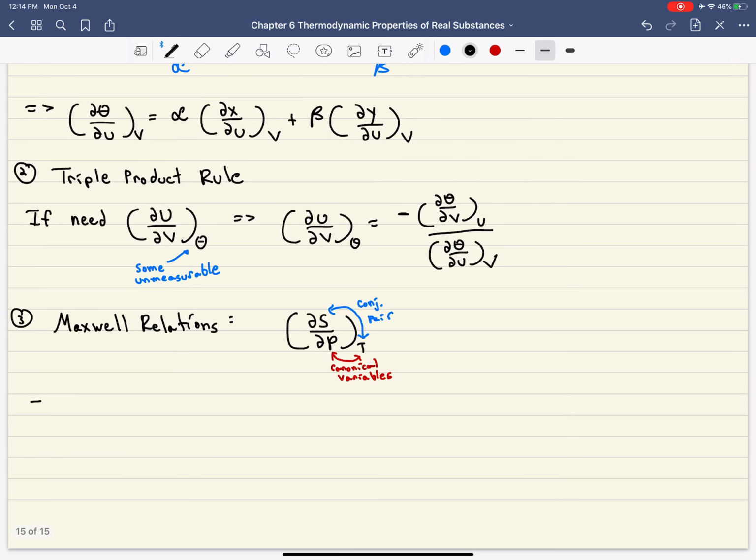The Maxwell relations invoke the commutative property of the second mixed partial derivatives. All that is saying is that if you take the partial derivative of theta with respect to x and then again with respect to y, the order in which you take those partial derivatives does not matter.